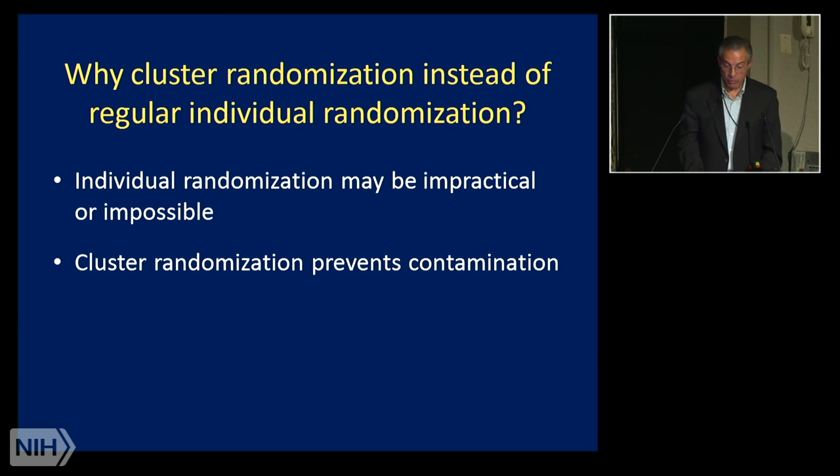Cluster randomization prevents contamination, and that's a big one. If you do a psychosocial therapy in a clinic, and you decide to randomize participants, patients of the clinic. I call participants those who are in a clinical trial, and patients those who are not in a clinical trial.